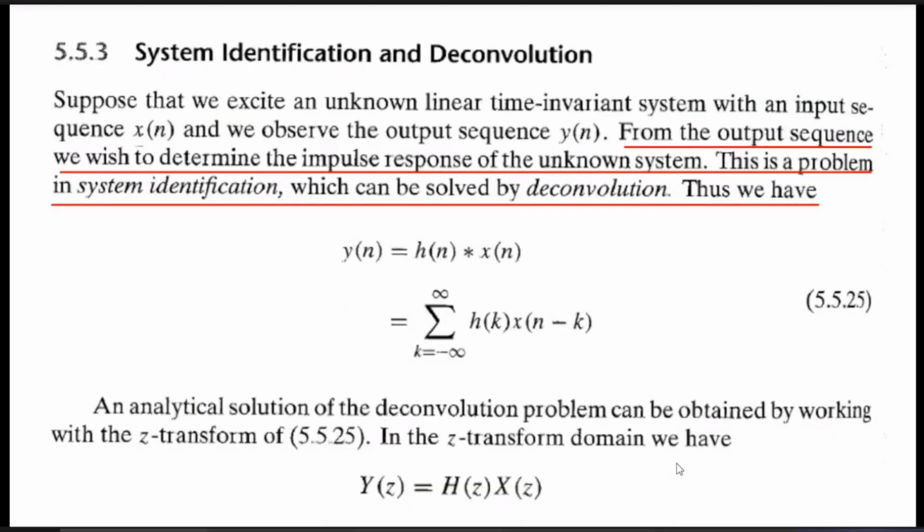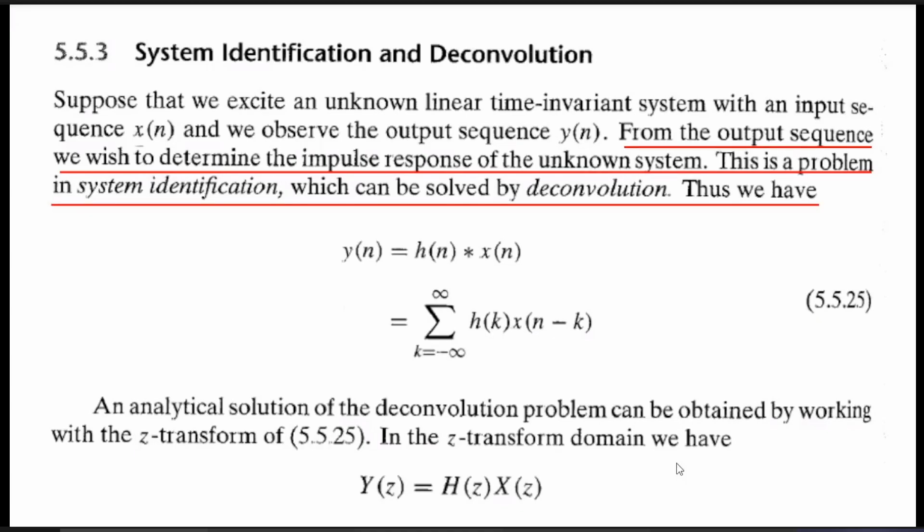Now, what do you mean by deconvolution? From the output sequence, if you wish to determine the impulse response of the unknown system, where you know the input that is applied and the output that you are getting, that is x(n) and y(n), what will be the transfer function h(n)?